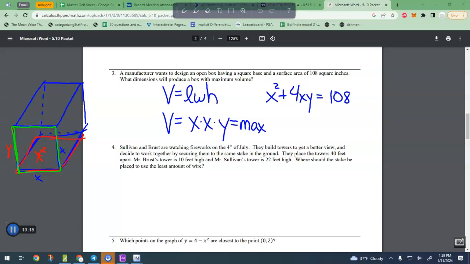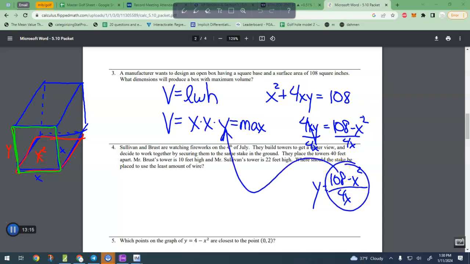So I'm going to solve for y, and then stick it in place. So 4xy equals 108 minus x squared, and then divide by 4x. So y will be 108 minus x squared over 4x, and then you just put it in place of the y.